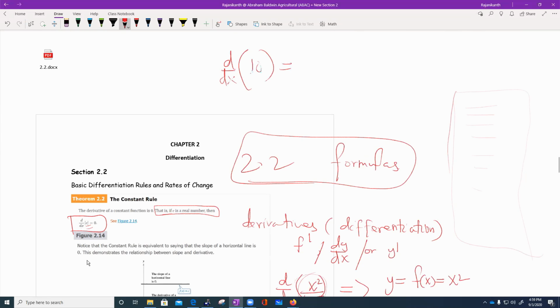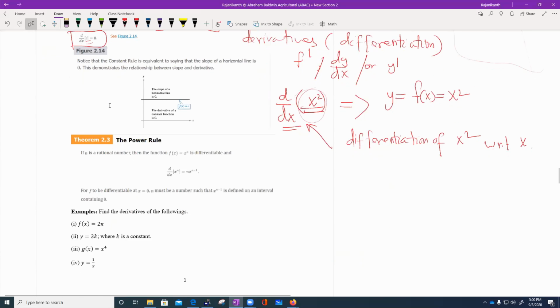You say 10 is constant, the answer is 0. Any constant, okay? D over dx of, could you tell me what is the derivative of pi? It's 0. It doesn't change. Exactly, because pi is constant, 3.142, no change, fixed, always 0. So that is what this theorem says. C could be any real constant.